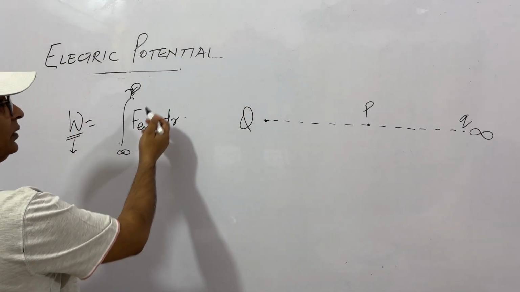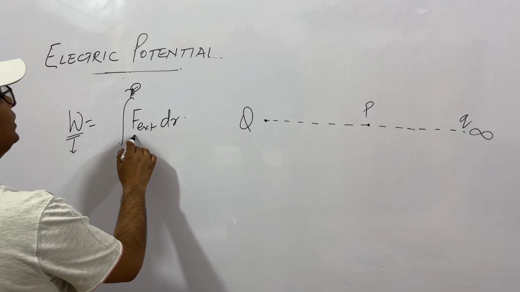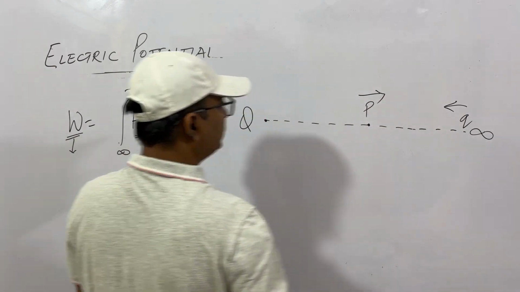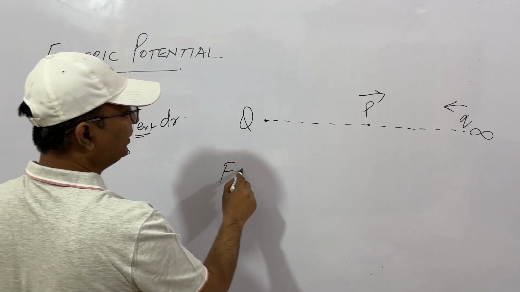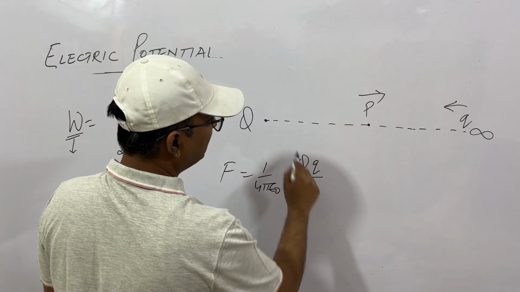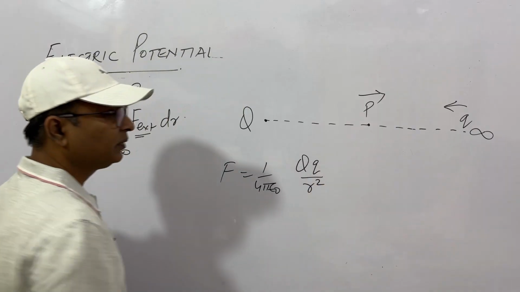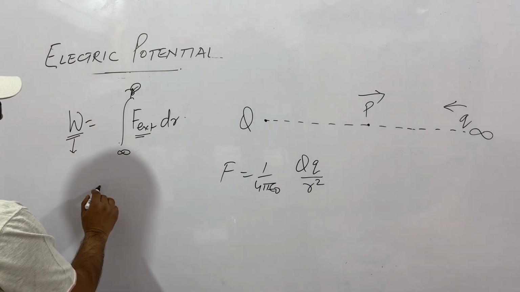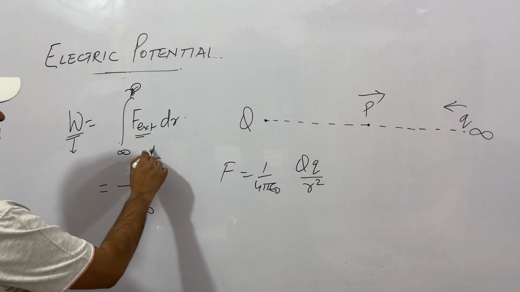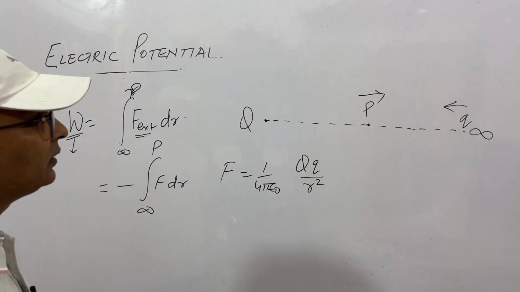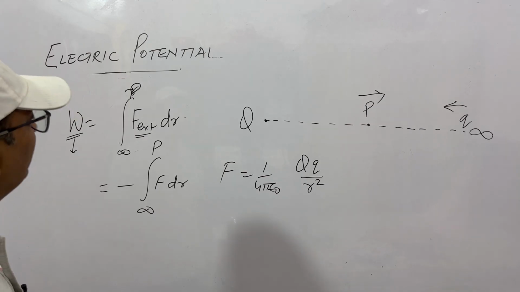That will be this only, and F external will be equal and opposite to the force due to this charge. Force will be 1 by 4 pi epsilon 0 into Qq by r square, I am using magnitude only. Clear? So this will be minus integral from infinity to P of F dr. This is the work done in bringing this charge from here to here.